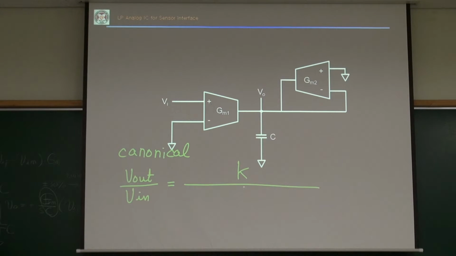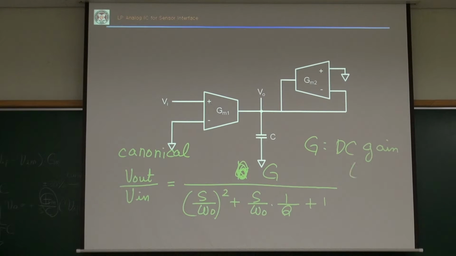This is my DC gain, maybe I can say G. So this G is my DC gain, right? The gain at S equals 0.